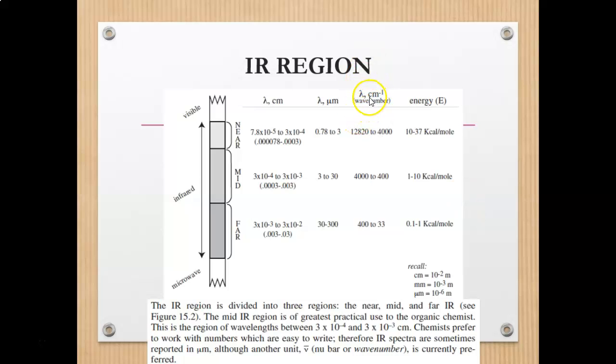So we can see that the types of energy are different. The near one has the highest energy compared to the mid one, because the near is approaching the visible light. So we interpret by using the mid region.